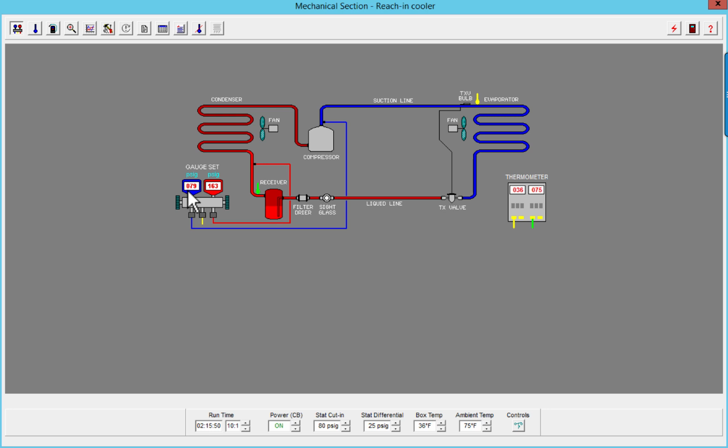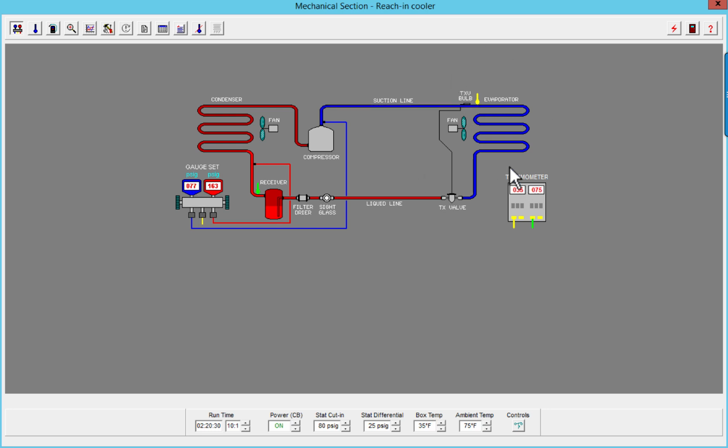We hit 79. Box temp, I'm going to just bring it up a degree. 37. We hit that 79 point and we brought our system back on. We're going to let this system run for the box temp to come down to 62 again, 62 psi. And we're going to cycle based off of pressures.